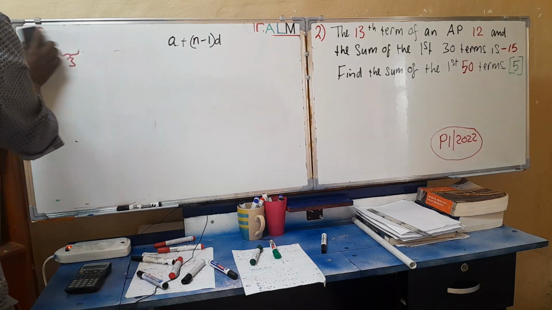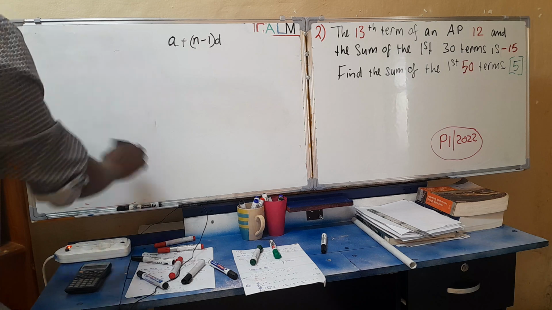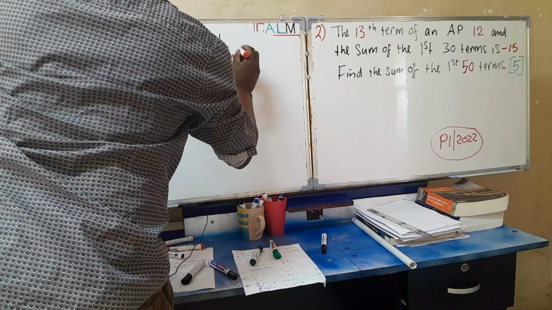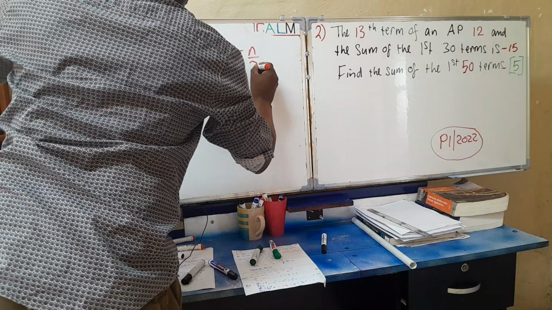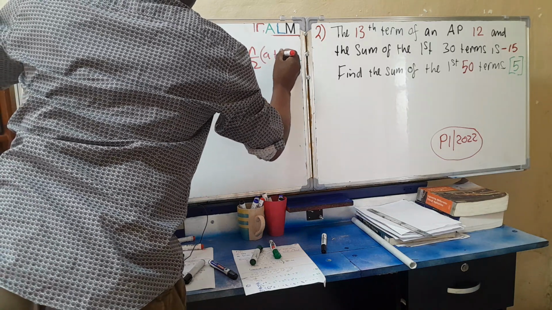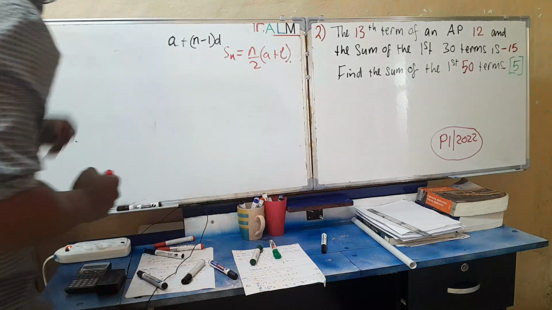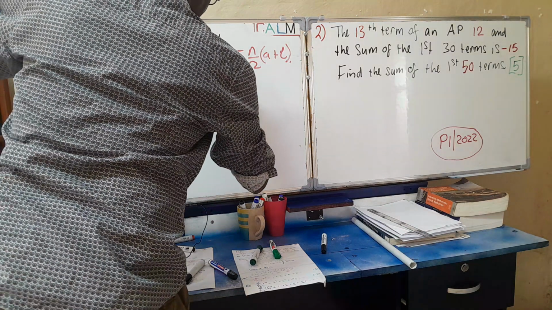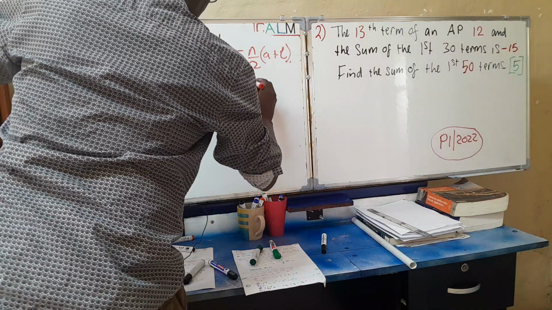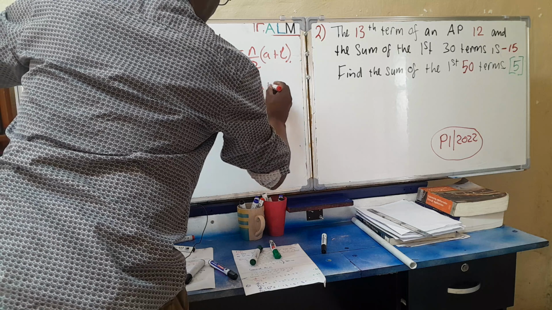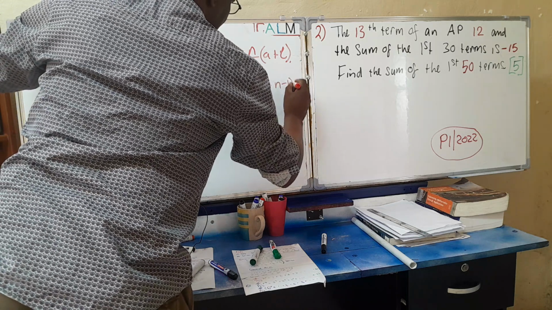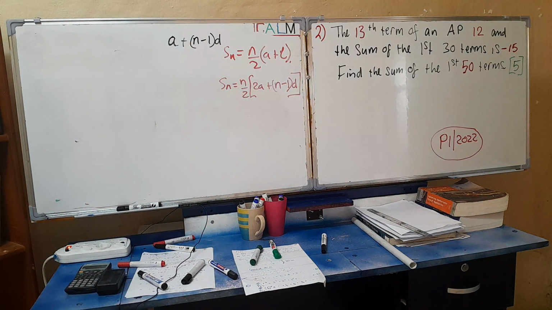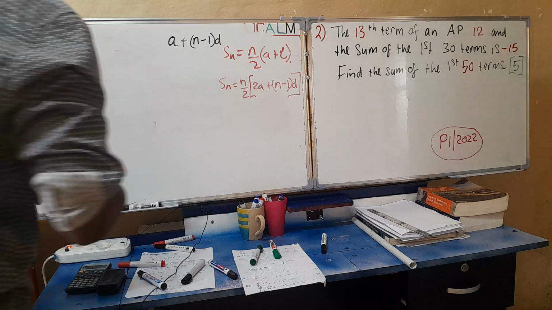So our first one was Sn is equal to n over 2 brackets a plus l. The other one was Sn is equal to n over 2 big bracket 2a plus n minus 1 multiplied by d, a big bracket like that. So those are the two formulas that we can use.